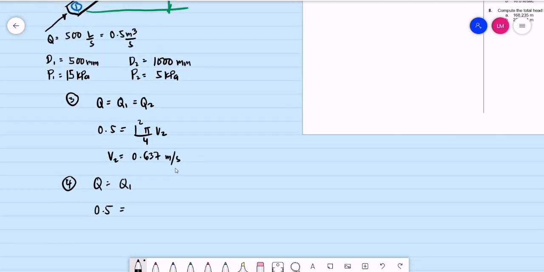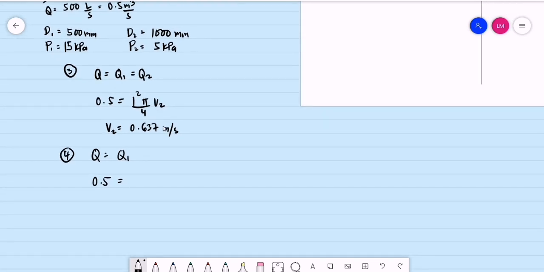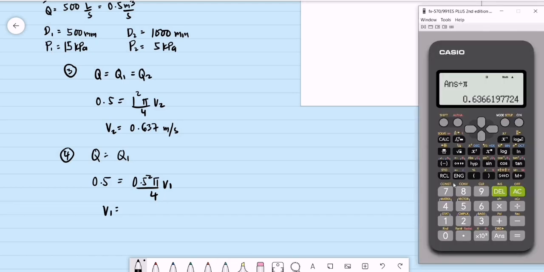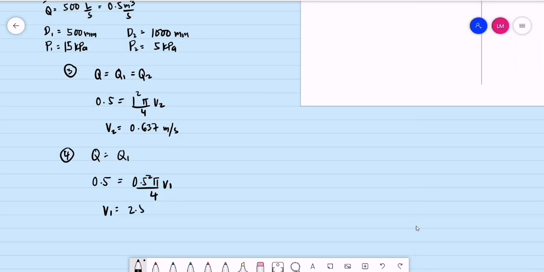The diameter of section 1, the inlet, is 500 millimeters, the same as 0.5 squared pi divided by 4 multiplied by V sub 1. Computing the velocity of flow at section 1: 0.5 multiplied by 4, divided by 0.5 squared pi. So the velocity at section 1 is 2.546 meters per second. This is velocity at 1, and required at number 3 was velocity at 2.